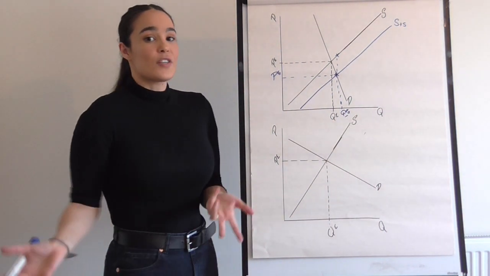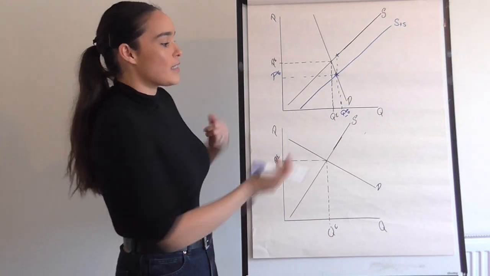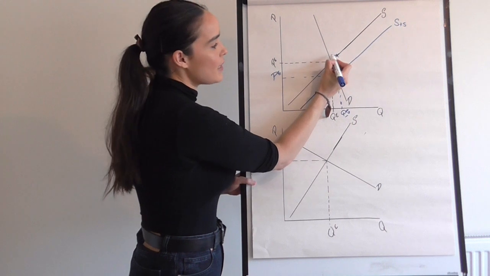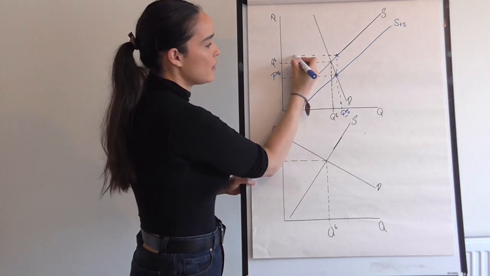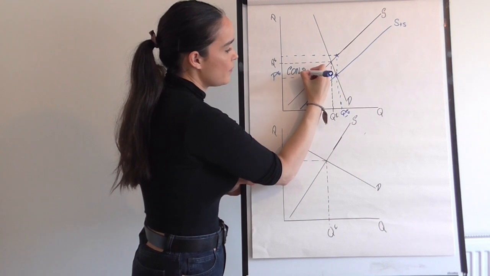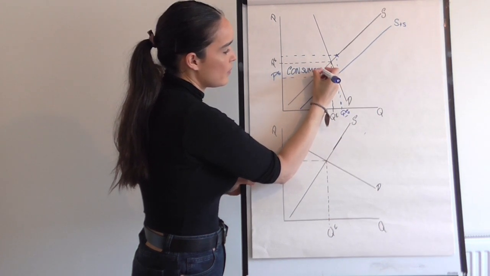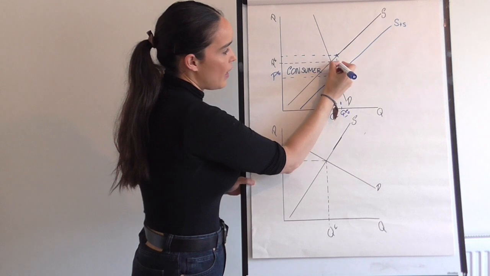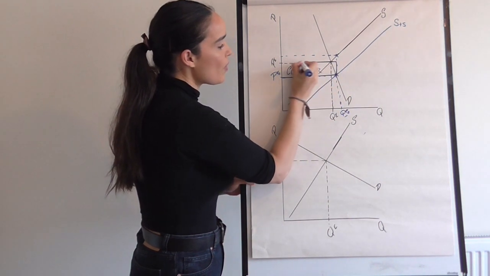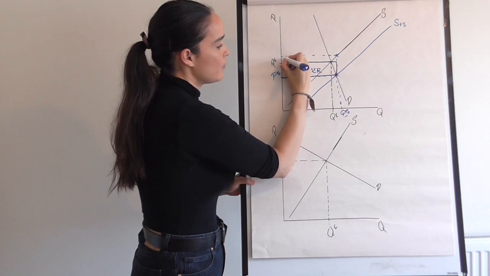The first thing you should notice is that because it's inelastic, the fall in price led to a less than proportionate change in quantity demanded, and we can see here that the consumer has benefited more than the producer.